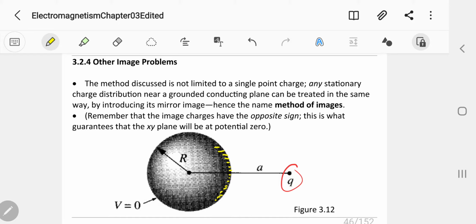But if you take the sphere out, you can replace it with a charge Q prime here. And of course, the Q prime would be oppositely charged with respect to Q. So Q prime would have some negative charge, some Q times a constant.